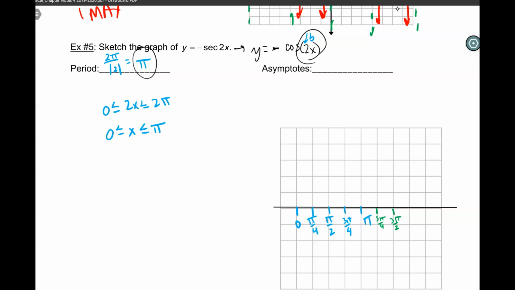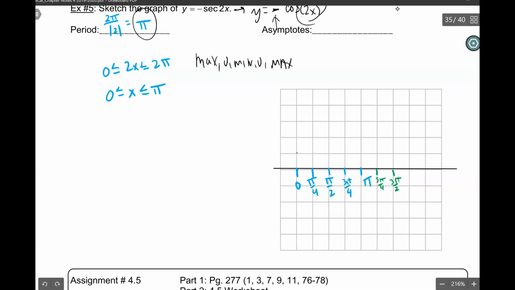So remember, for cosine, we go max, 0, min, 0, max. So let me graph that out first. So we have a max of 1, except, flippy dip, because we have that negative in front. So max 0, 1, negative 1, 1, oops, sorry, 0, 1. Okay, so I multiply all these by negative 1, right?